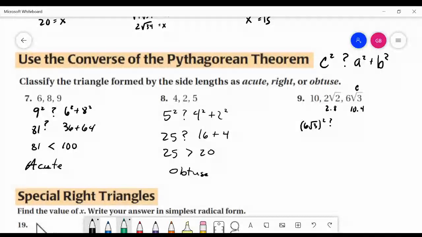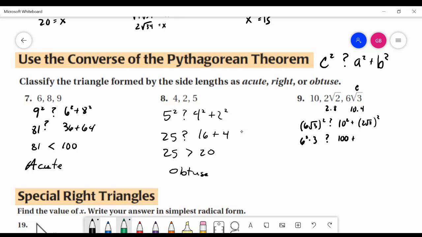So let's go ahead and now compare them. How is 6 times the square root of 3, squared, compared to 10 squared plus 2 times the square root of 2, squared? Okay, so 6 squared times 3. Remember the square root of 3 squared cancels out, so you're just left with 3. How does that compare to 100 plus 2 squared times 2?